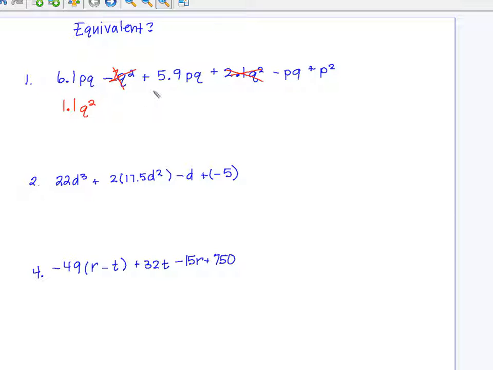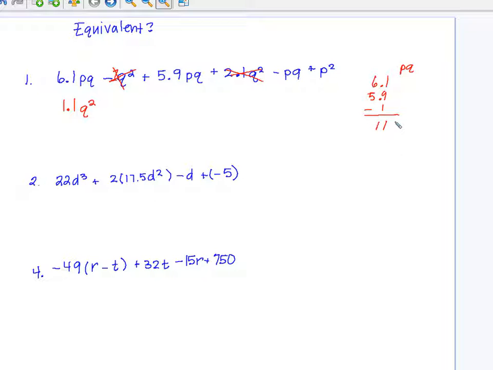Let's go to the PQs. Remember, PQ and QP would be the same thing. So 6.1 plus 5.9 minus 1. These are all PQs. That would be 12 minus 1.